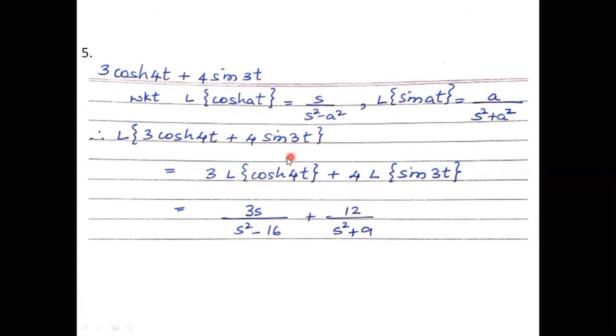Also, the Laplace transform of sin 3t, this one. Here in place of a, I'm having 3, so it is 3 by s square plus 3 square. I'm already having 4 here, so it is 4 times 3, that is 12, by s square plus 3 square, or 9. So this is the final answer.